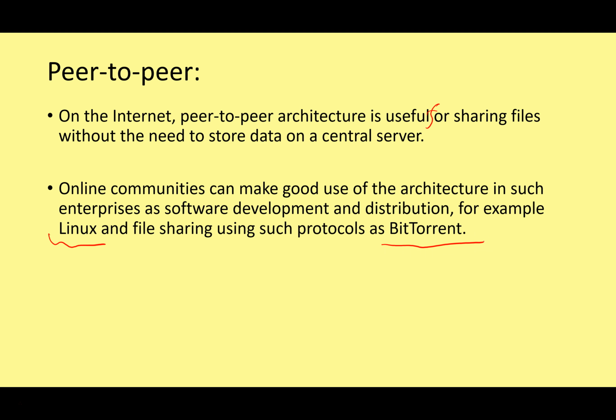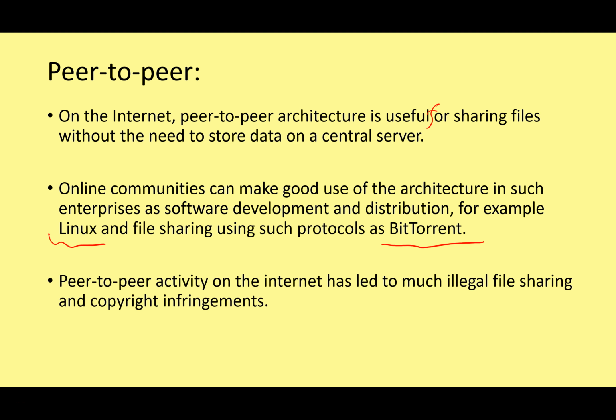That means you don't need to have perhaps hundreds of thousands or millions of people accessing your server. You just make it available, and then that version of Linux is now on lots of different computers that can share that information with everybody all over the world. So it's a very economical way of sharing your data.